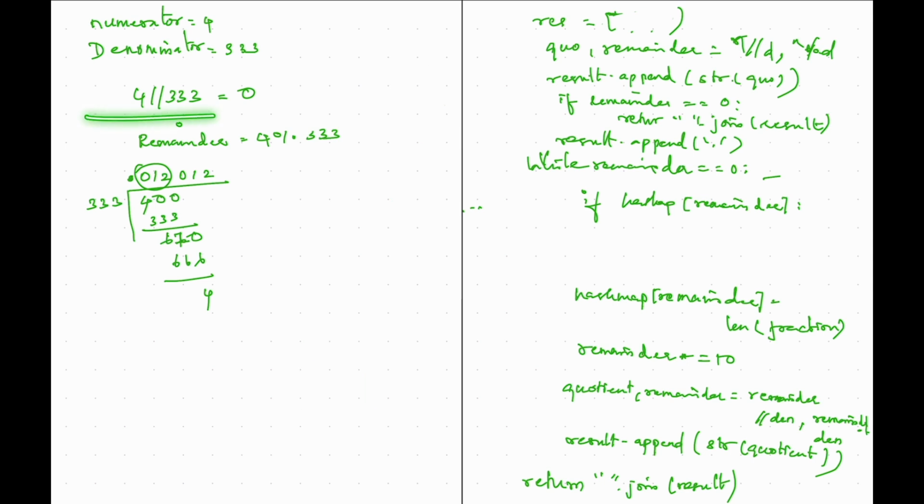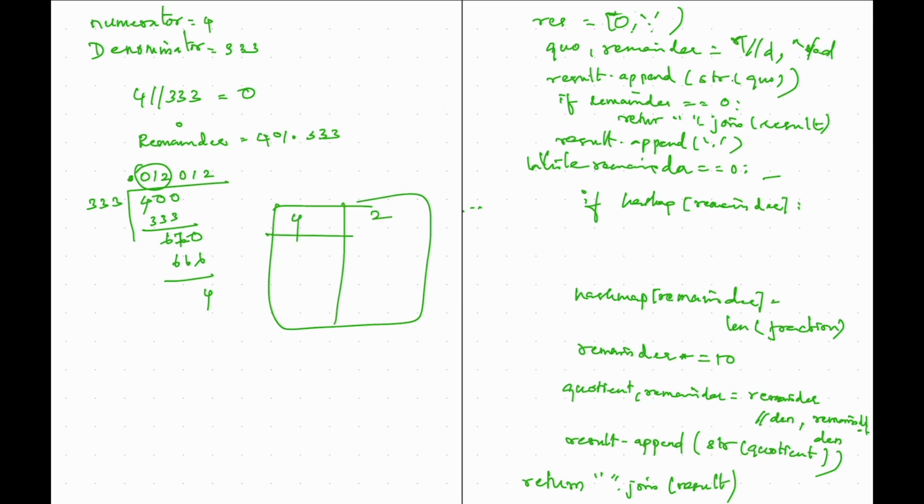As I mentioned here, see, 4 divided by 333 is 0 and the remainder is 4. So our result will get 0 and the dot added. Okay. Now if you see the hash map, the hash map of remainder is 4 with the length 2. Got it?